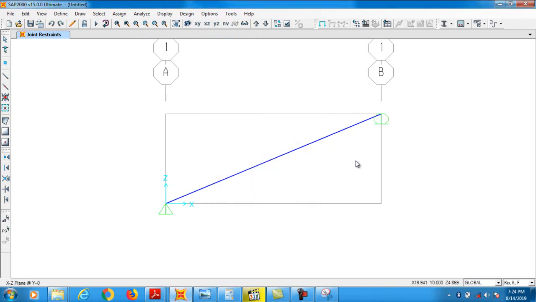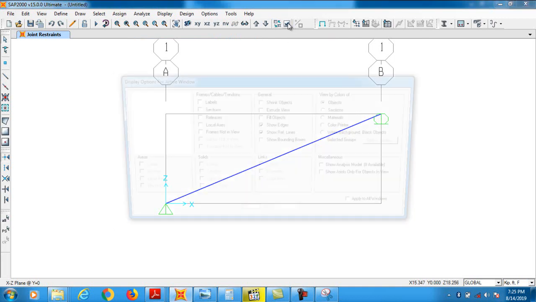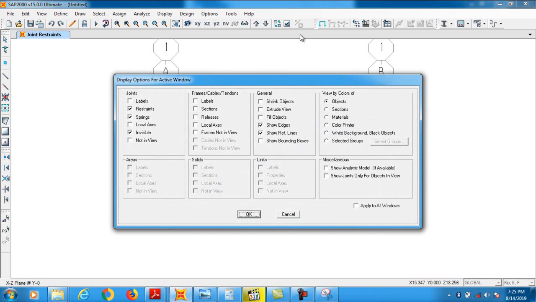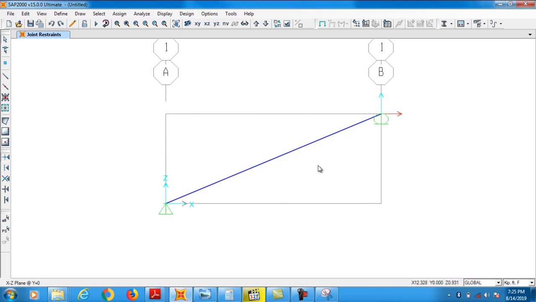Now one thing you make sure, I want to show you the local axis. So just press this button, and here you select local axis and okay. You see there, this is the local axis for this joint, and this is the local axis for this joint, the red one, clear. Always the x is denoted with a red color, clear.